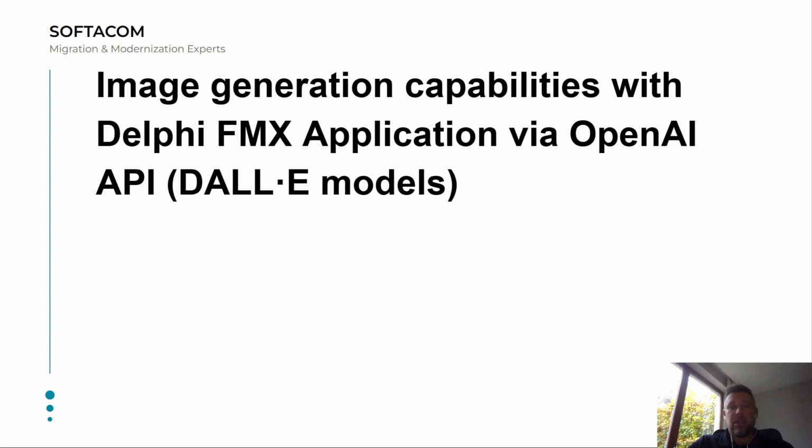But now we will use DALL-E models from OpenAI. They also have their own billing parameters, and all this information you can find inside the OpenAI API reference and understand how much it will cost you.